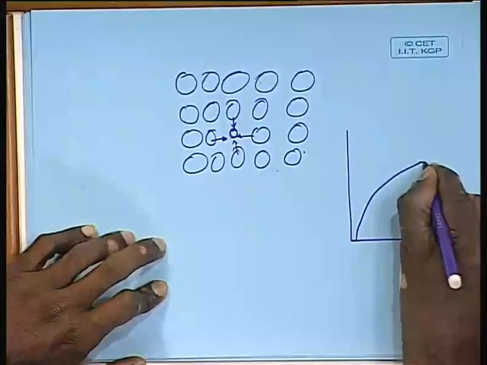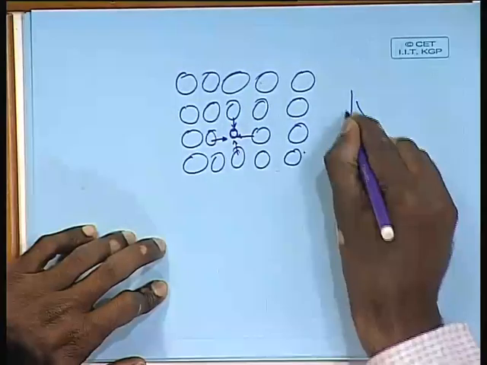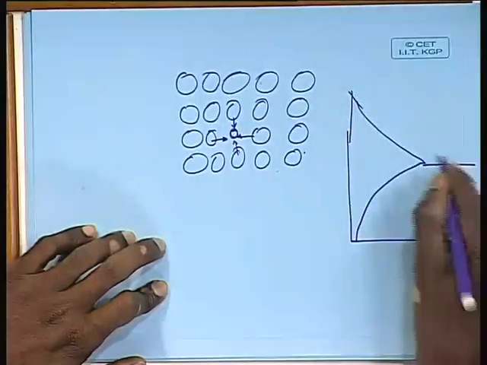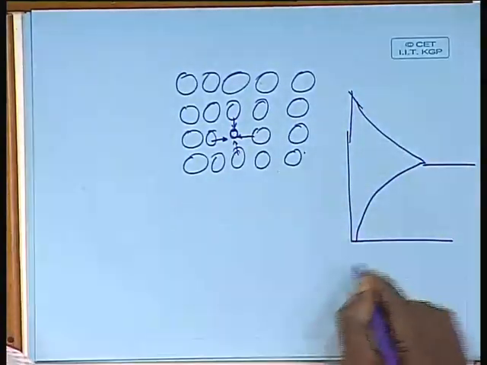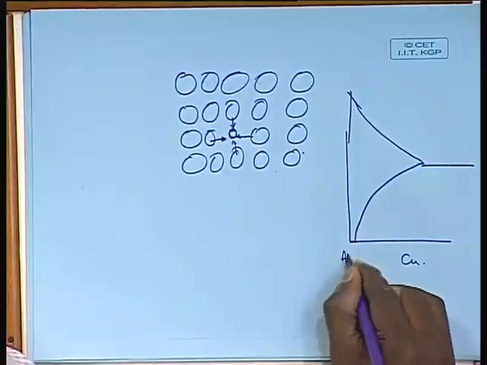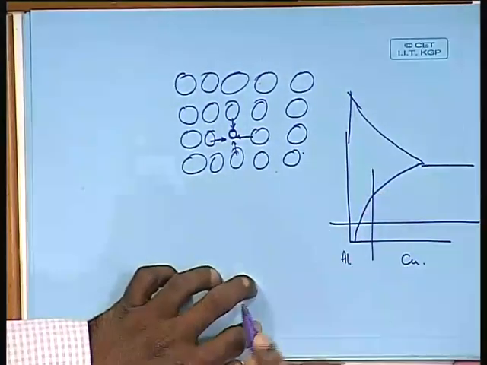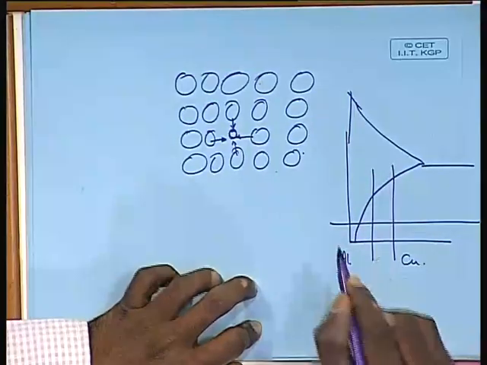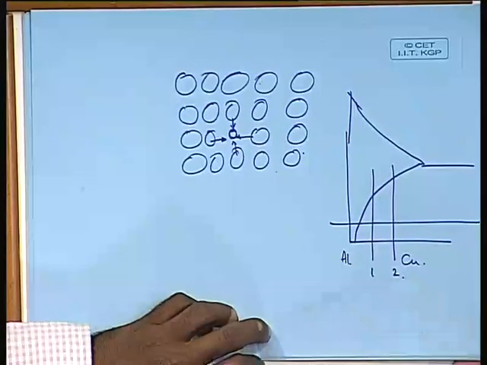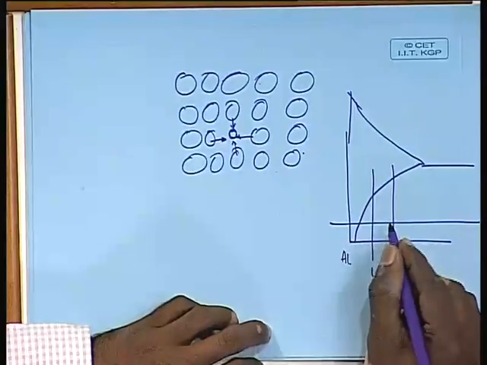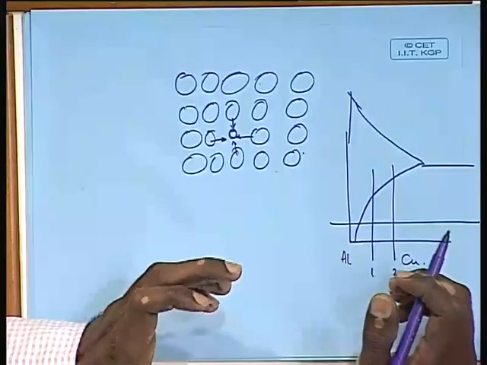Okay. For example, if you look at the typical aluminum copper phase diagram, we know that if I take this alloy, if I am doing aging at this temperature, if I take these two alloys, alloy number 1 and alloy number 2, in alloy number 2 I can have a larger volume fraction of the precipitate when compared to alloy number 1, isn't it?